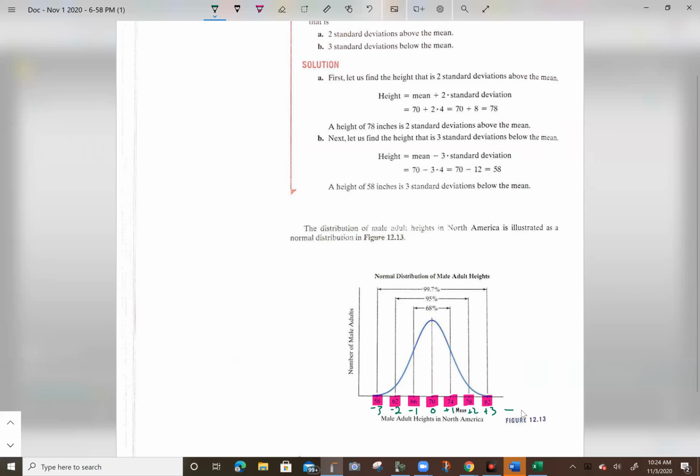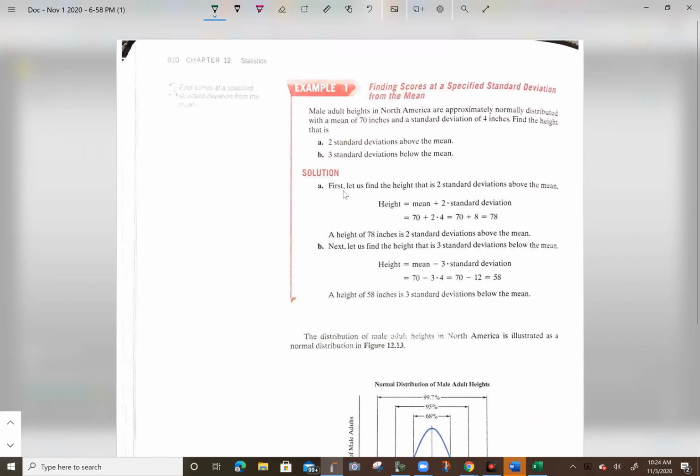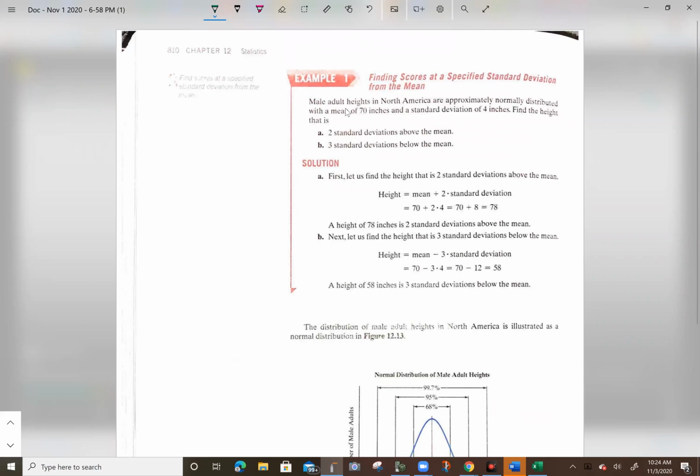These numbers down here are going to be my standard score, and these numbers here are my standard height, and these numbers here are the actual heights.